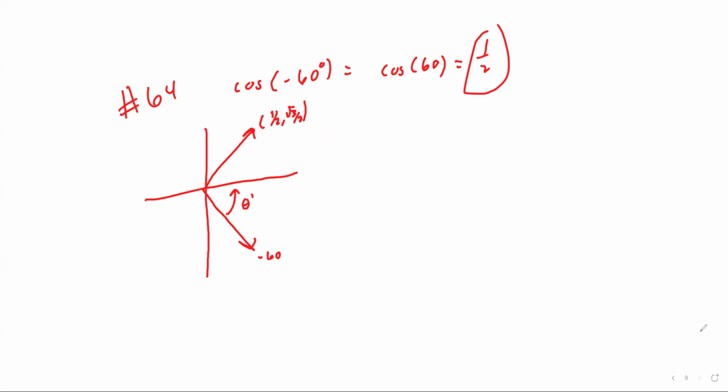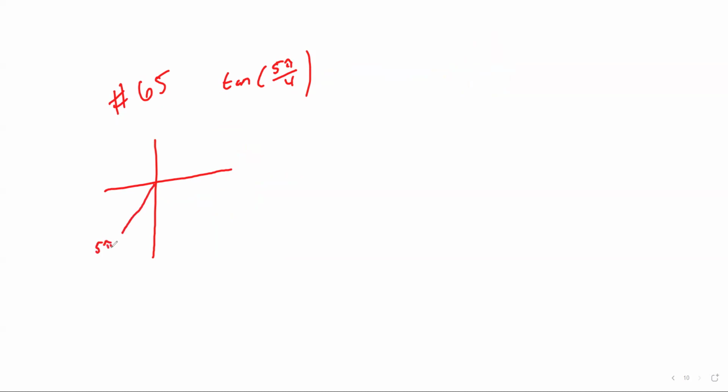With that said, let's do another one. Let's do number 65. All right, 65 says tan of 5 pi fourths. So again, we're going to rewrite this using the reference angle, but I've got to figure out where 5 pi fourths is. So the pi fourths, that's 1, 2, 3, 4. 5 pi fourths is located right here.